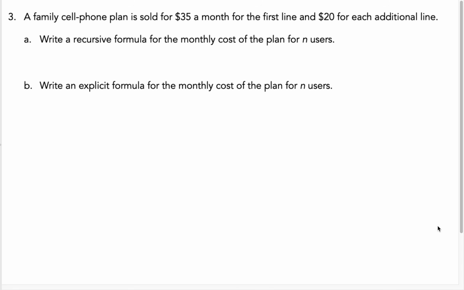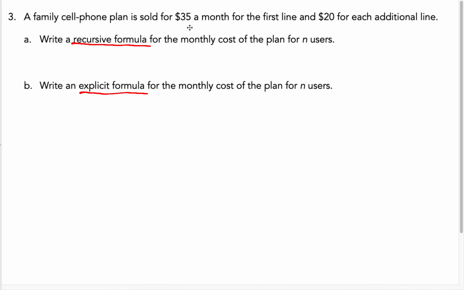3. A family cell phone plan is sold for $35 a month for the first line and $20 for each additional line. We're going to write a recursive formula for the monthly cost of the plan for n users, and then we're going to write an explicit formula. Wonderful. All right, well, what do we know?